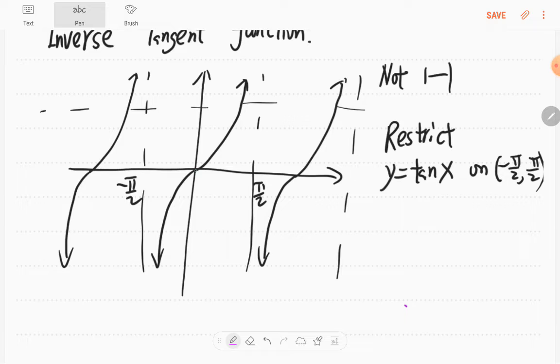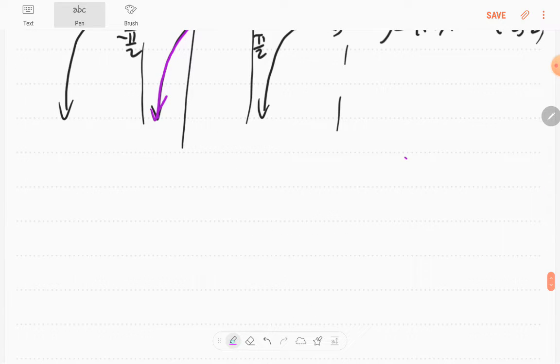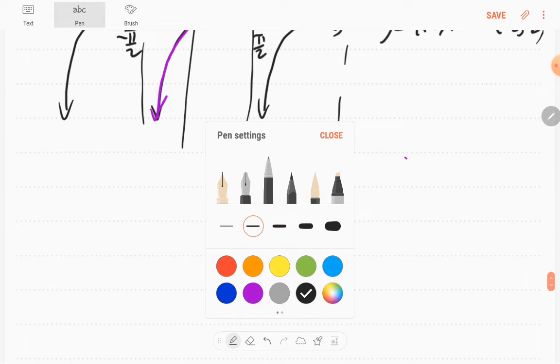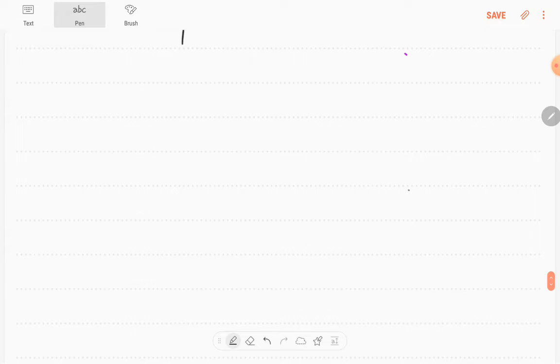So in other words, we will restrict our domain on the principal cycle. This is the 1-to-1 function. Then you have the inverse function. So the inverse function is this one.